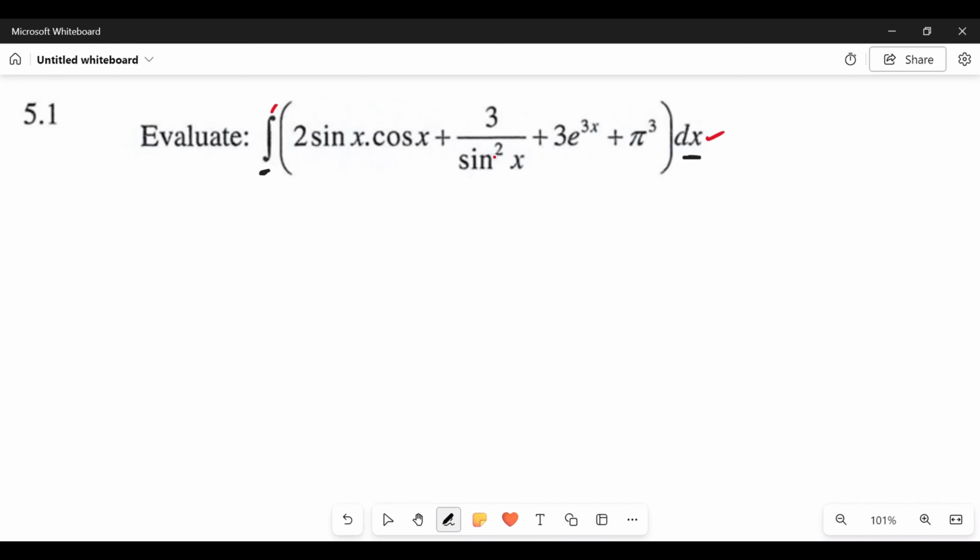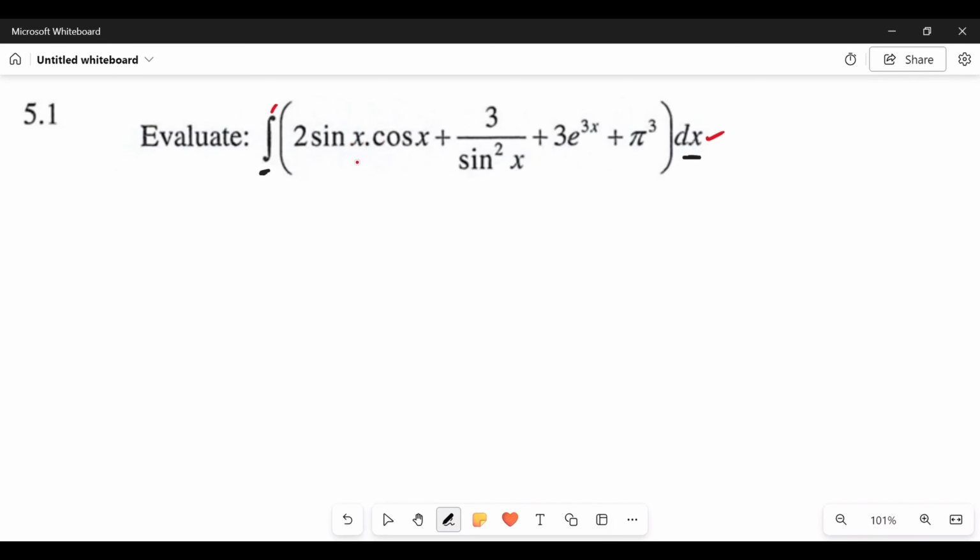Now, before we solve this problem, you need to understand that integration is the opposite of differentiation. So in order for you to understand or to master this part of mathematics, you need to master differentiation. Before we start, let's look at this polynomial. We must look at each term very, very carefully. Now, the first term that we have here, as you can see, we cannot integrate like this.